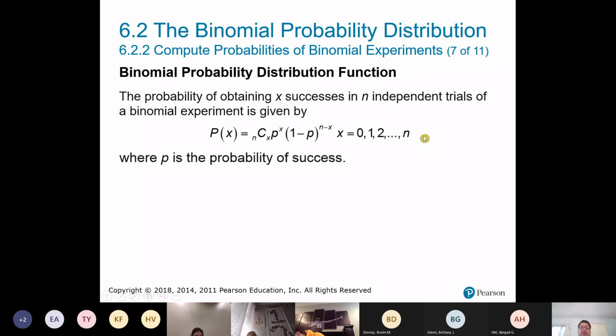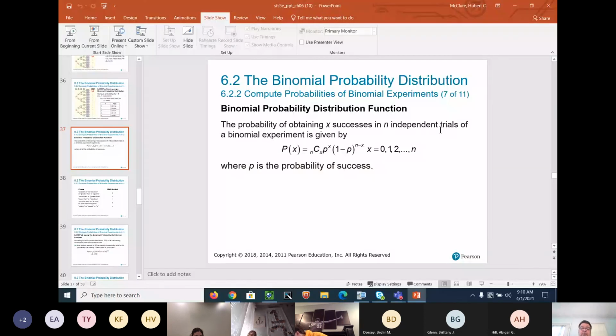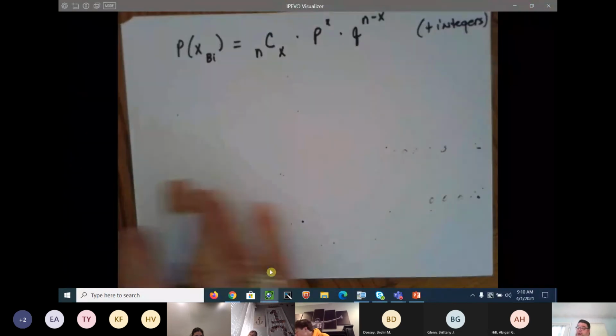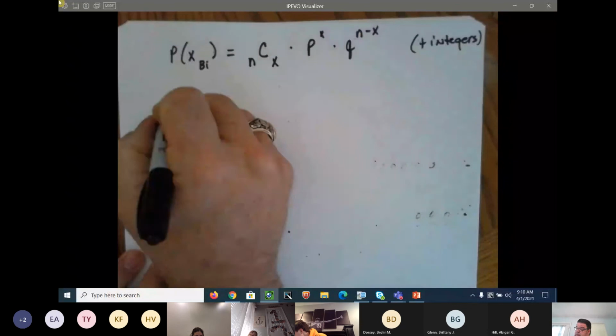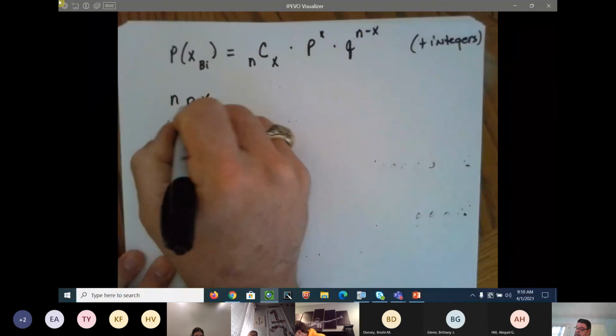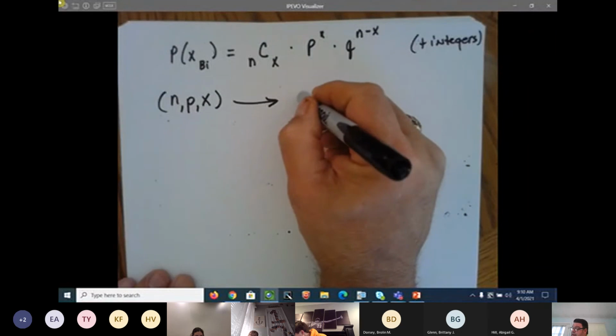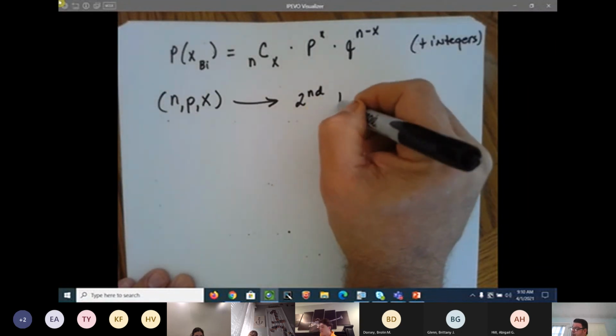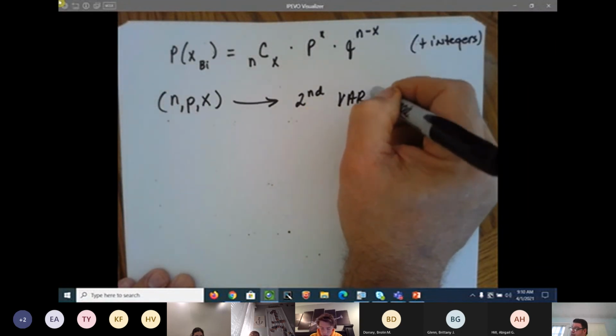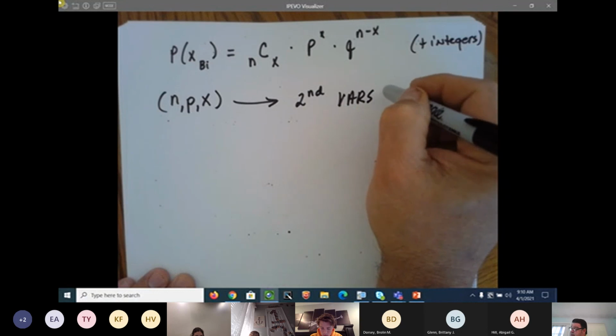Now, I just wrote that down right here. This is when we use NPX, and we use that with second bars. What numbers was it?